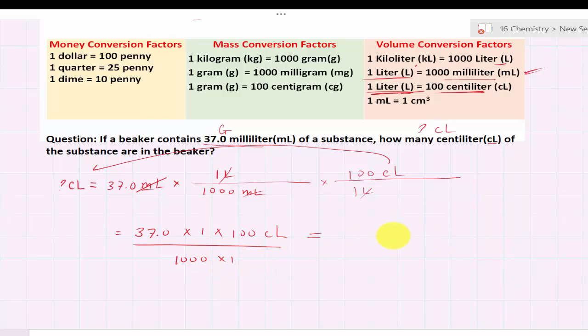If you have a hard time understanding multiplying everything on top and dividing everything on the bottom, you can multiply everything on top to get 37 times 100, which gives 3700 centiliter. Then we take 1000 times 1, multiplying everything on the bottom, which gives us 1000. We simplify this more and get 3.7 centiliter. And that is our answer.